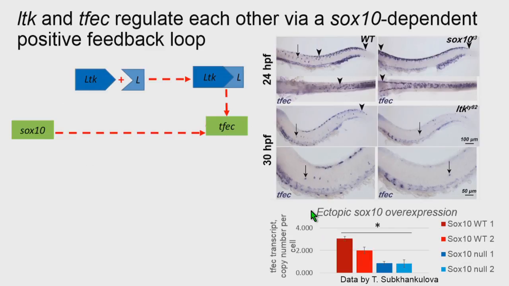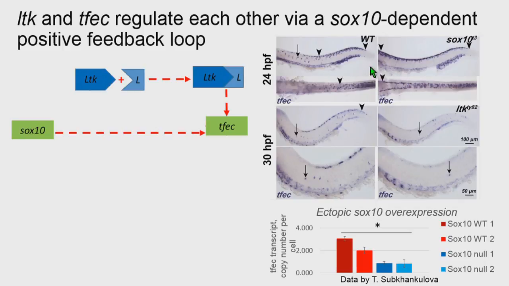So to identify intergenic relationships between our genes of interest, we use both loss of function studies as well as some gain of function studies. We, for example, find that SOX10 is able to drive TFEC in iridophore development by looking at SOX10 mutants for TFEC expression.